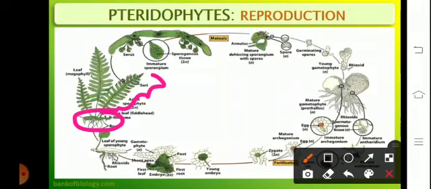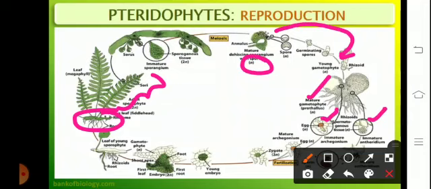The sporophylls bear the sori, which produce the sporogenous tissue. The spore mother cell will undergo meiosis to produce the haploid spores. These spores give rise to the gametophyte, which is haploid in nature. The prothallus is reduced, and it bears the male and the female reproductive organs. That is, it will produce the male gamete, the antherozoid, and the female gamete, the egg.